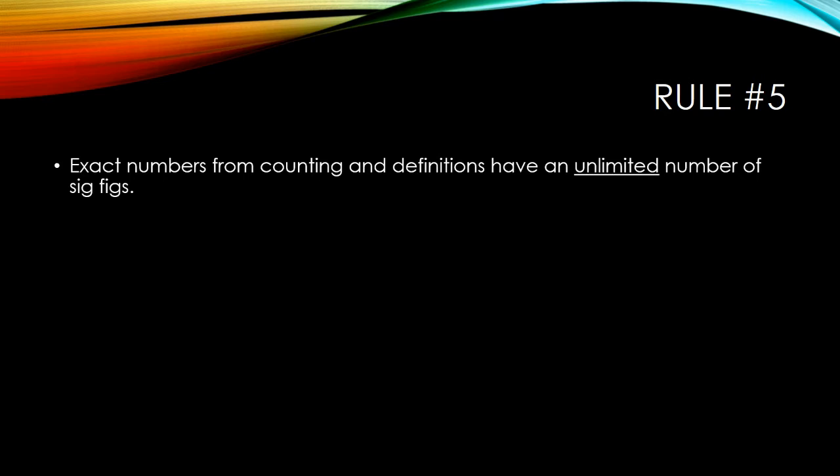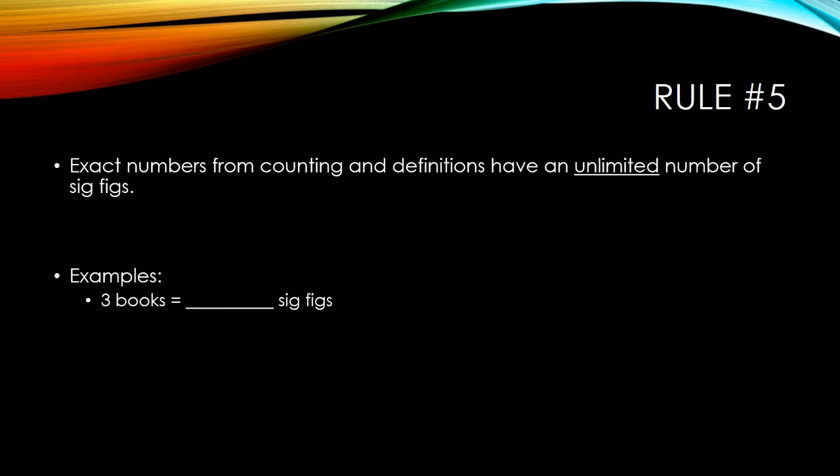The reason we say they have an unlimited number of sig figs is because, as we'll talk about later on, sig figs play a role in rounding when we do calculations. So basically this rule is more tied into that. But let's look at some examples here.